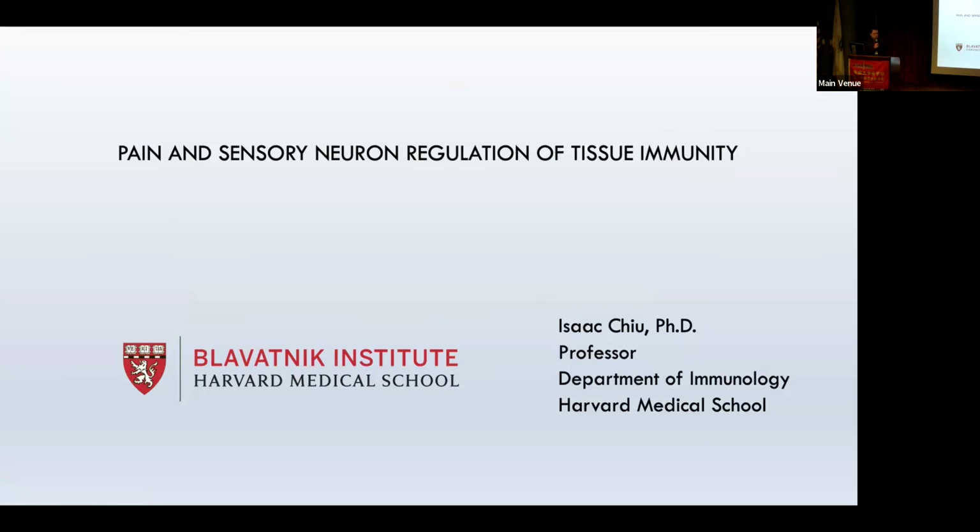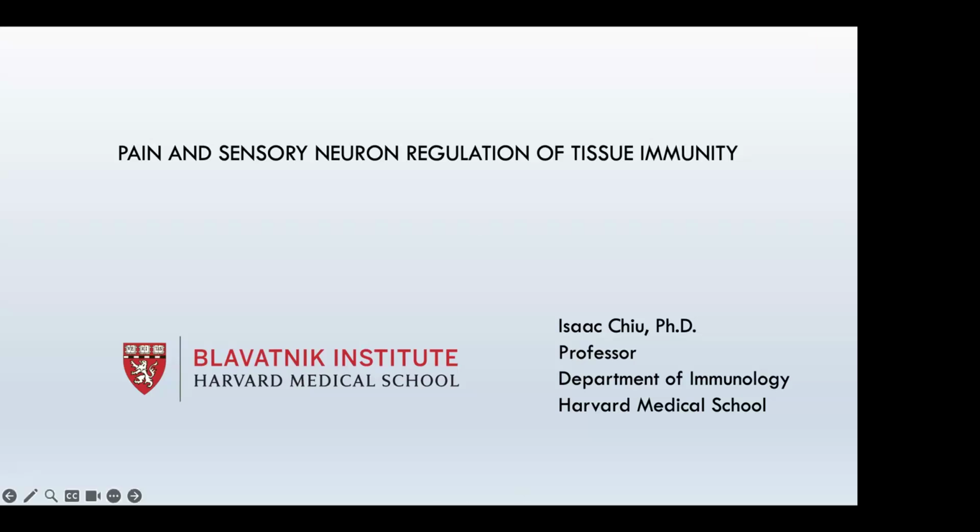Our next speaker is Dr. Isaac Chiu, Professor of Immunology at Harvard Medical School. Dr. Chiu's lab studies the crosstalk between the nervous system and the immune system. Particularly, he studies how sensory neurons not only detect noxious signals, but also interact with immune cells and confer responses.